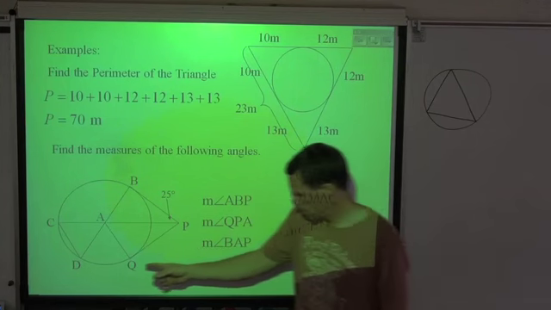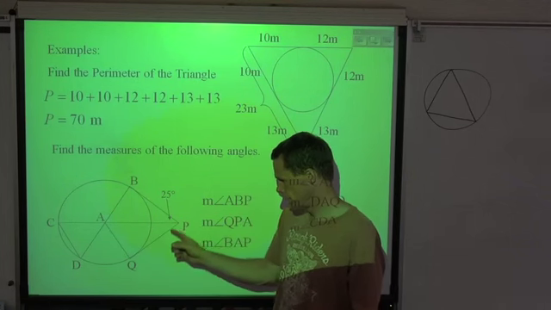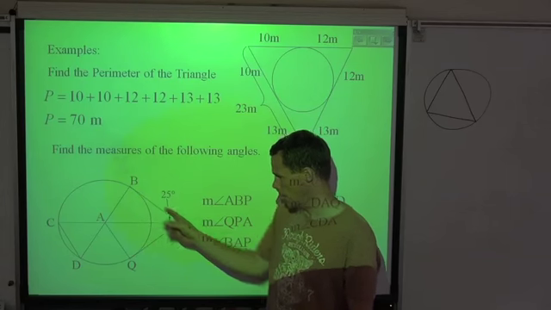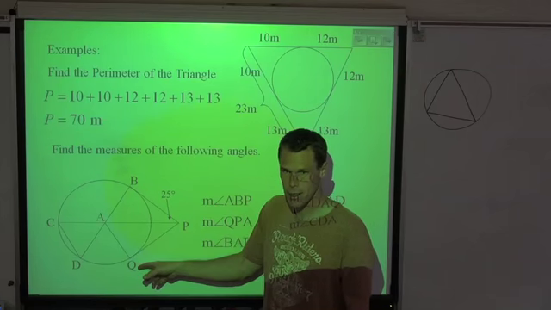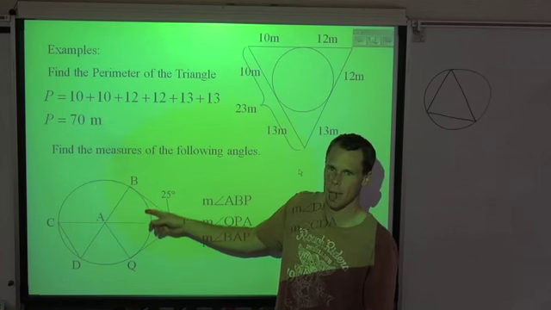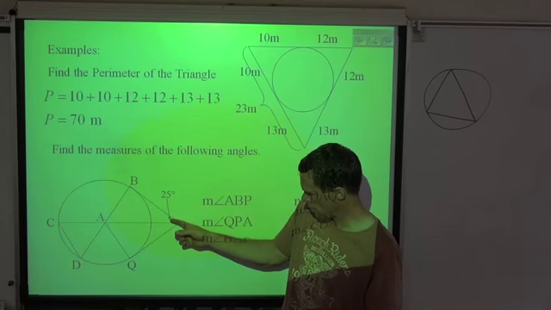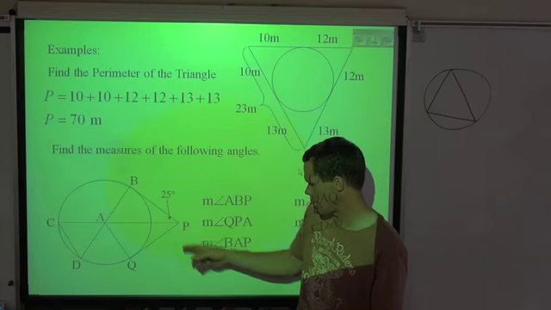QPA, Q to P to A. Well, A is the center, and QP and BP are congruent. BA is congruent to QA, and PA is congruent to itself. So these two triangles are clearly exactly the same. So if this is 25 degrees here, then QPA is also 25 degrees.